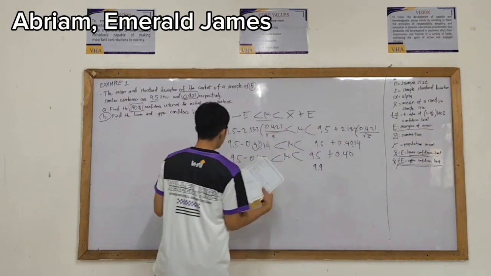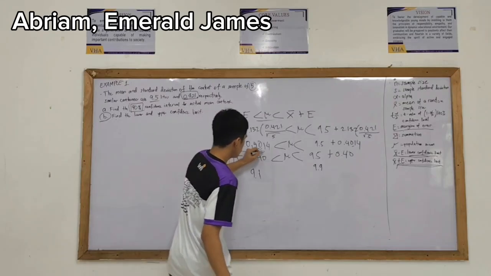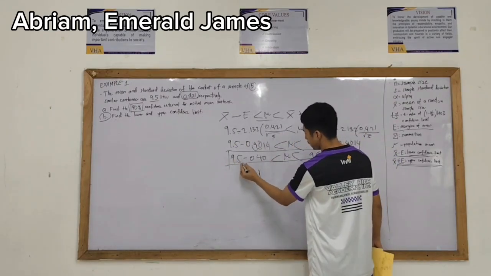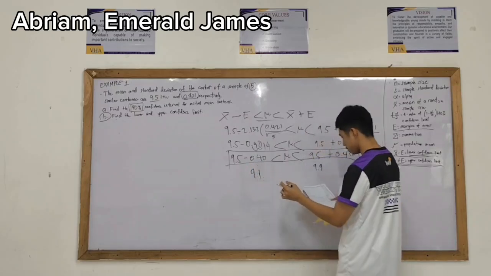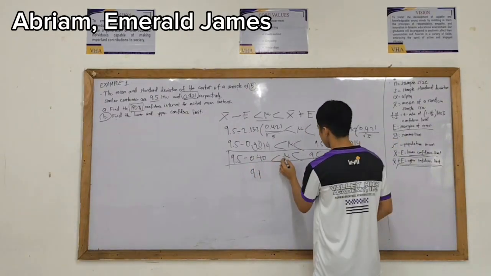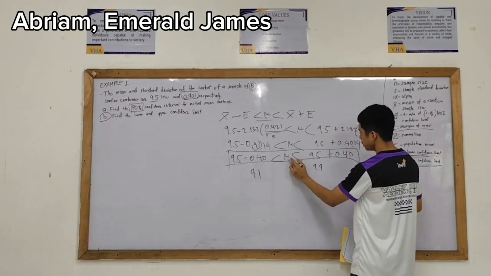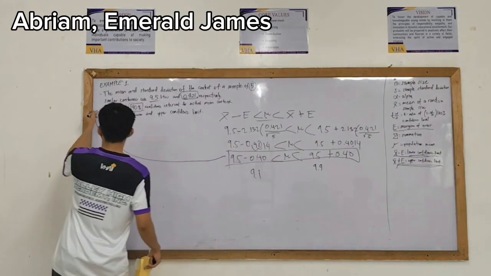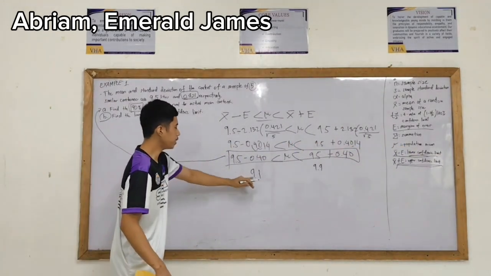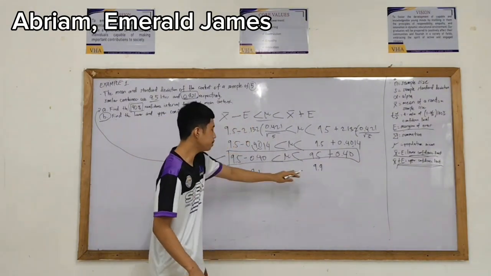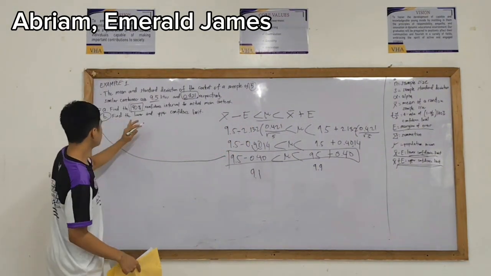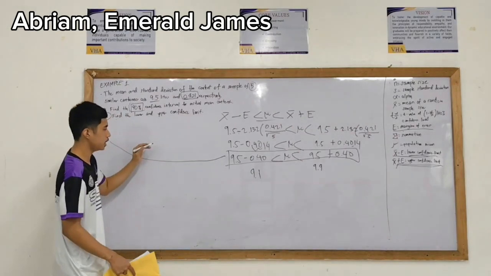So this answer, 9.5 plus 0.14 minus 0.14, the calculation side is 9.5 plus 0.14. This answer is 9.9. And the 9.1 to 9.9 are the lower and upper confidence limits.